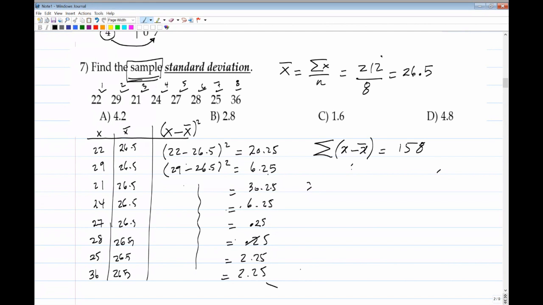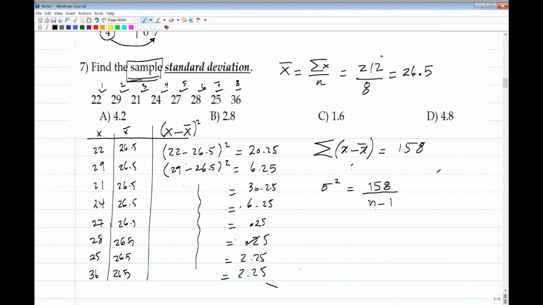Now what is the variance over here? Well, let me first put a symbol. The variance will be sigma squared, which is equal to 158 divided by n minus 1, since it's a sample.